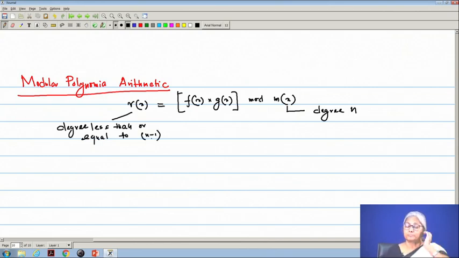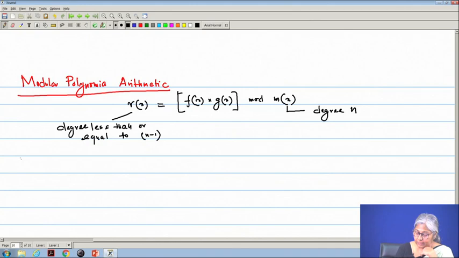So, first we see one example of how we do this division, because in the previous lecture we have seen addition, multiplication and subtraction. Now we see how we can divide and take the remainder.